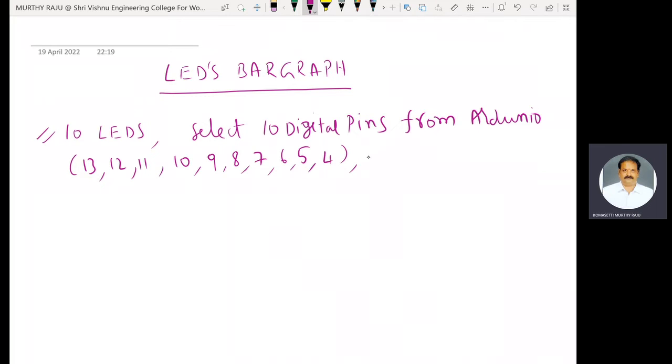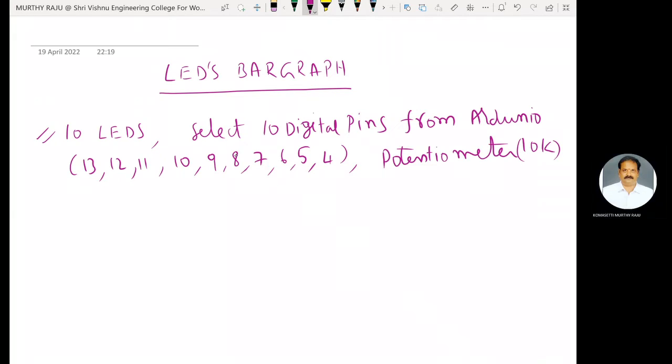And one more important device we have to choose is a potentiometer, a 10 kilo ohm potentiometer, and 10 LEDs, and the Arduino board.